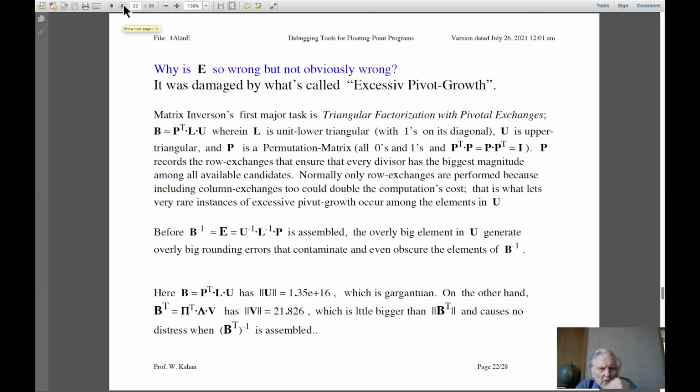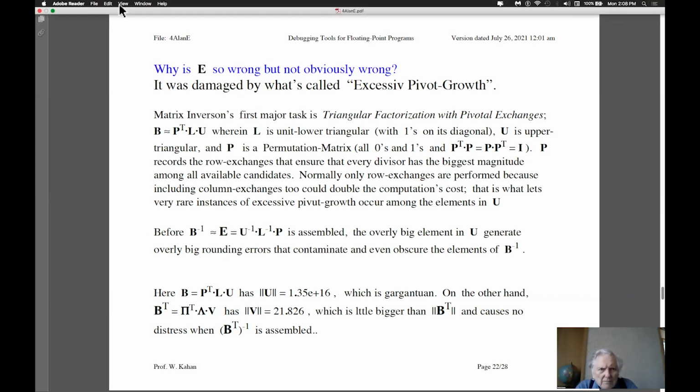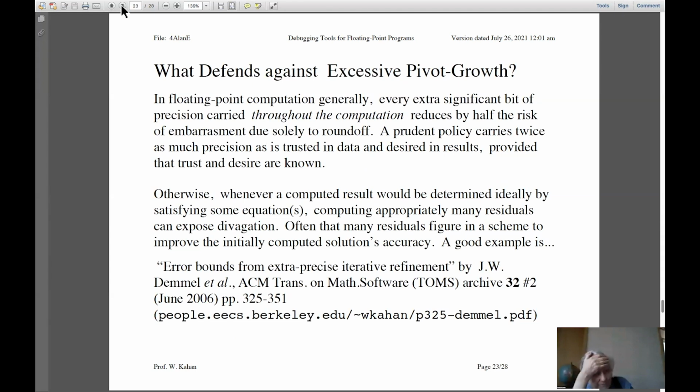But what really matters is that you've got to have some way to defend yourself against being fooled. And the way you defend yourself against being misled is to compute residuals.